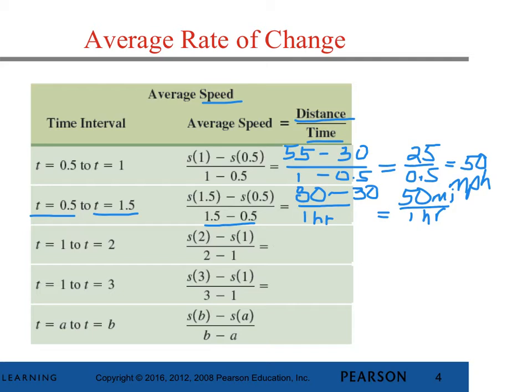Our average speed during hour 1 to hour 2 means that from the end of the first hour, we have traveled for once again 1 hour. And at the end of 2 hours, we've gone a total of 104 miles, whereas at the end of the first hour, we had gone 55 miles.